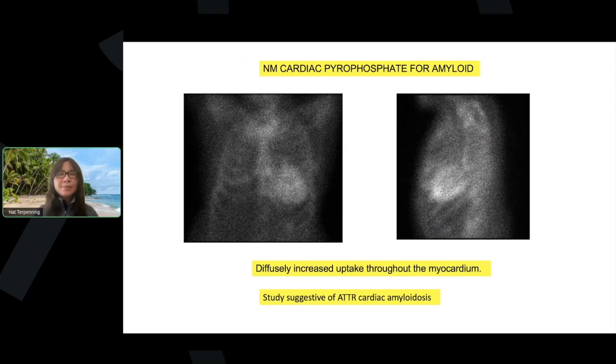So there are different types of amyloid here. When we are at the end of the cardiac imaging, we always say, okay, let's do PET-CT, and they will continue to PET-CT to be able to tell whether this is ATTR type or light chain type. Okay, so this is an example of cardiac amyloidosis.